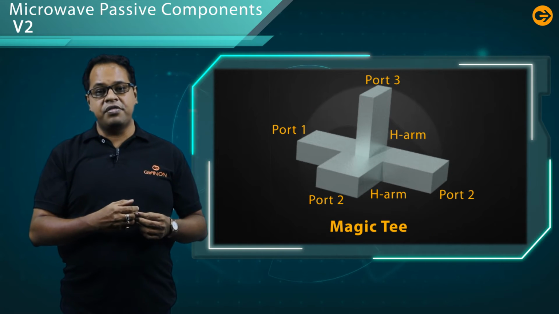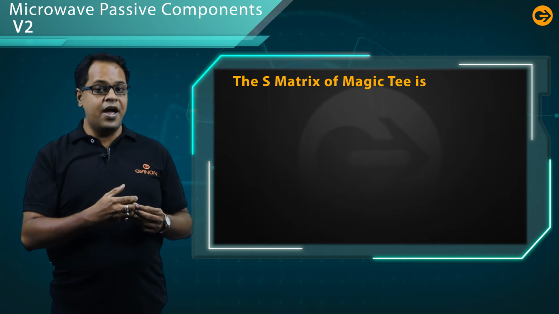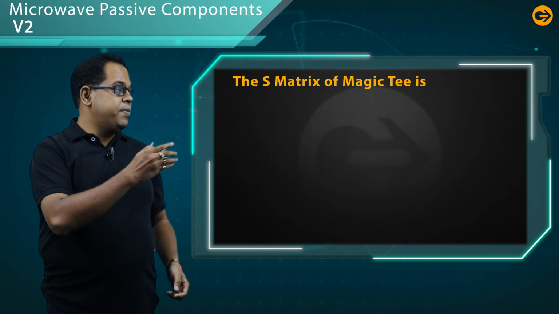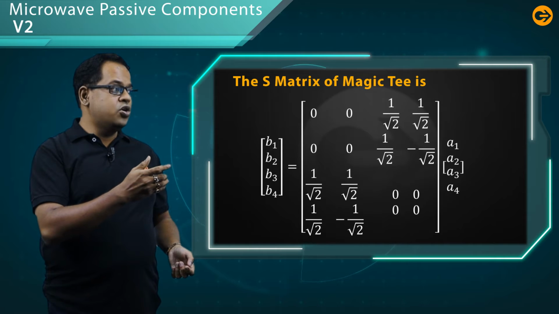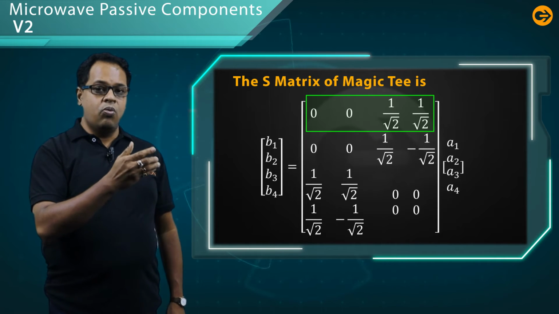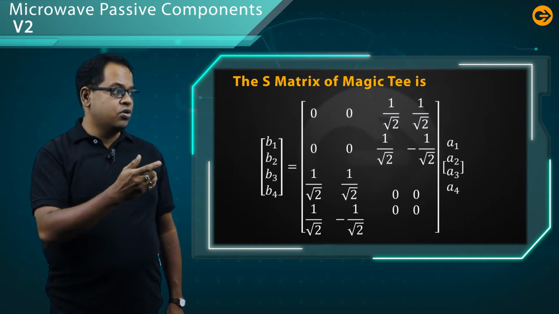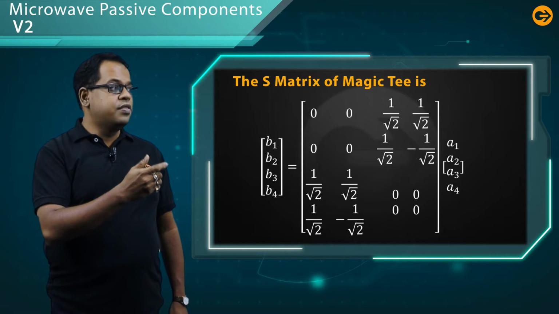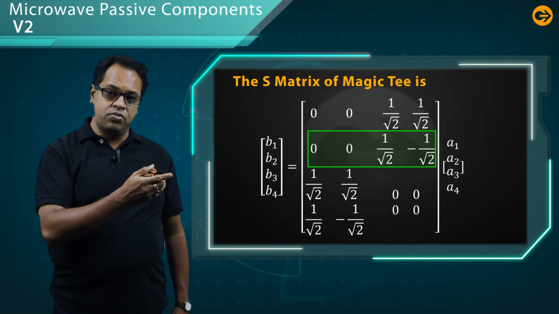Now let us discuss the S matrix of the Magic T. The S matrix will be B1, B2, B3, B4 is equal to 0, 0, 1 by root 2, 1 by root 2. This is your first row. The second row will be 0, 0, 1 by root 2, minus 1 by root 2.